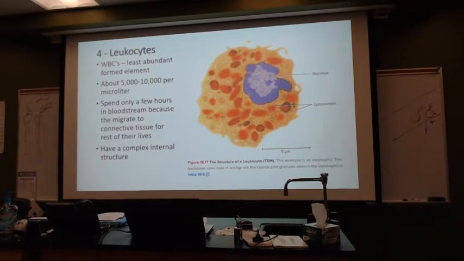Their biggest job, for some of them, is they need to give rise to lysosomes. Do you remember those from General Bio and Part 1? A lysosome. What do they do? They break down stuff.